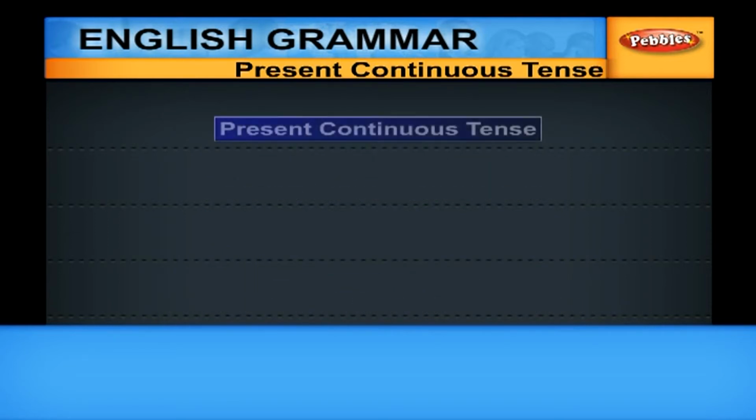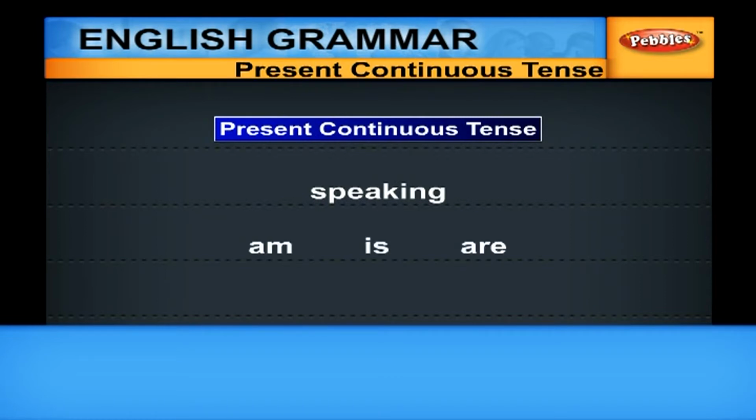How do you form the continuous? By adding ing to the verb, making it into present participle, and then you have to give a corresponding be form of the verb: am, is, are. But remember that there are certain verbs which cannot be used in continuous form.